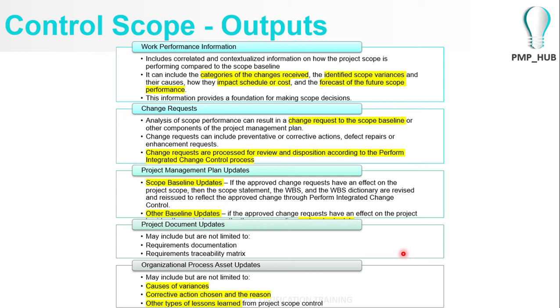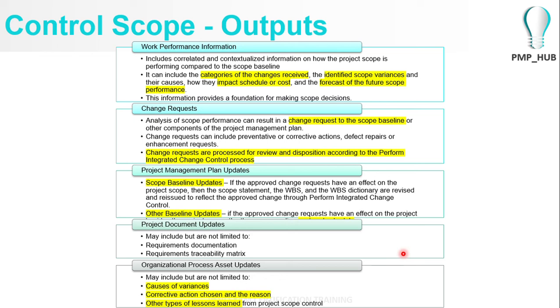Then you will have to predict the durations with the variations, so the schedule variations and cost variations. As a project manager you will start generating a lot of information that is required for your stakeholder communications.